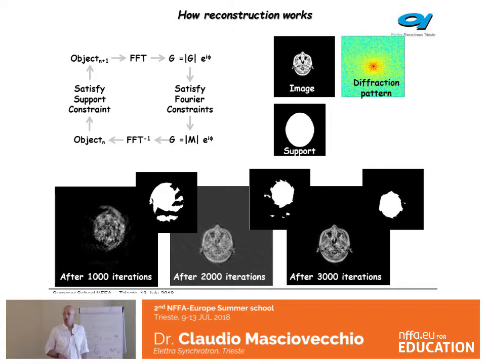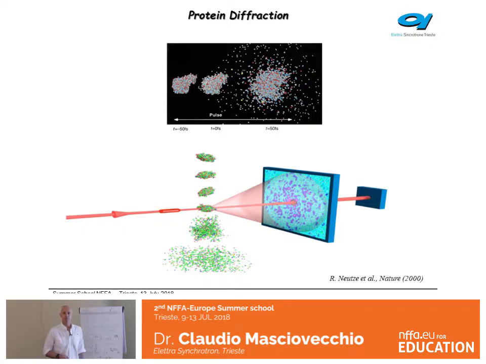And people, almost 20 years ago, were saying, why do we not apply coherent diffraction imaging to image the protein? I can send a single protein in the beam, I can take a diffraction pattern, I can do the phase retrieval, and determine the structure of the protein.